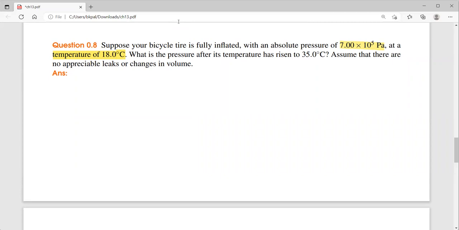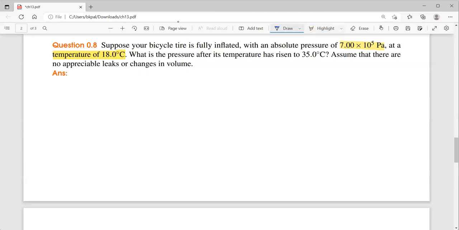Now, we are given this pressure and temperature for some state of the gas inside the bicycle tire, actually the air inside the bicycle tire, and let's consider that the state is 1.